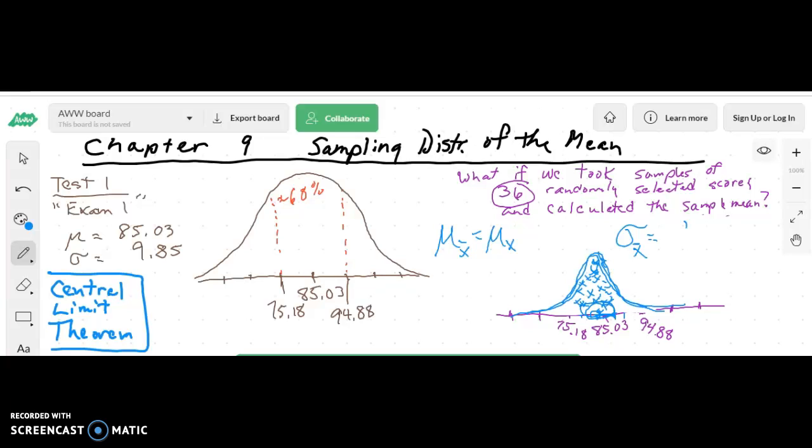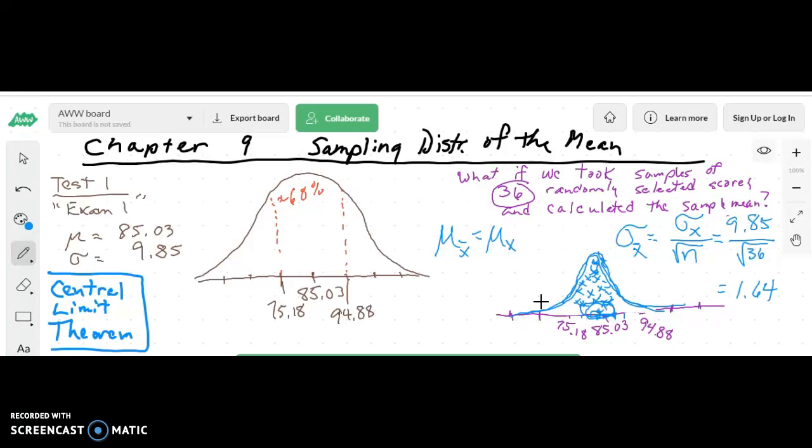It's going to be equal to the standard deviation of the original group divided by the square root of the sample size. So in this case, I have 9.85 as my standard deviation, and I had 36 as my sample size, so the square root of 36 is 6. So when I divide 9.85 by 6, I get approximately 1.64.